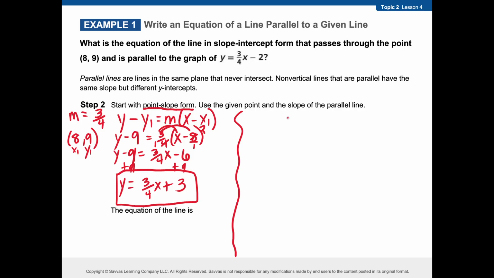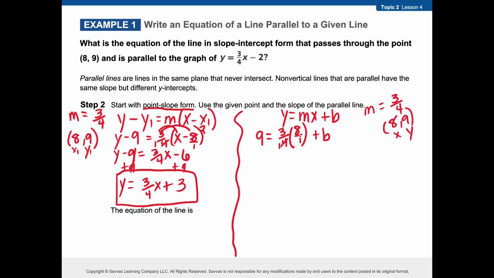That is one way you can solve it. The other way is just to go straight and use slope-intercept form. You know your slope is 3/4. They're giving you the point (8, 9), which would be your x and your y. So 9 equals your slope, 3/4, times your x, putting it 8 over 1, plus b. 4 goes into 8 twice, into 4 once. 3 times 2 is 6.